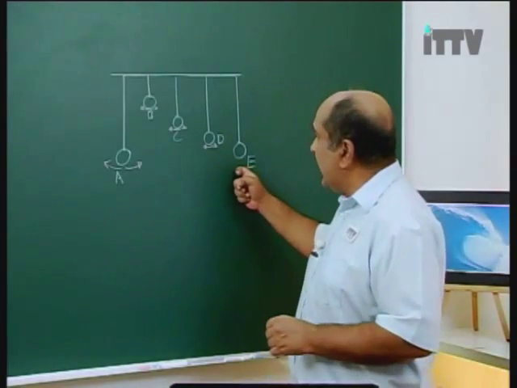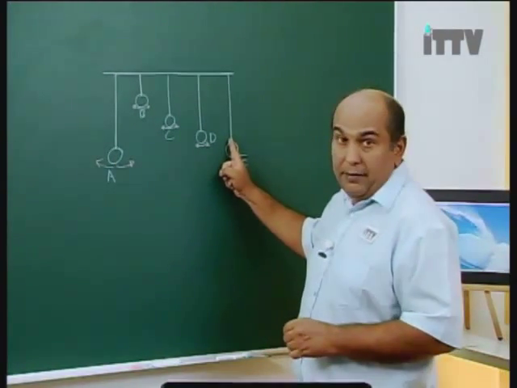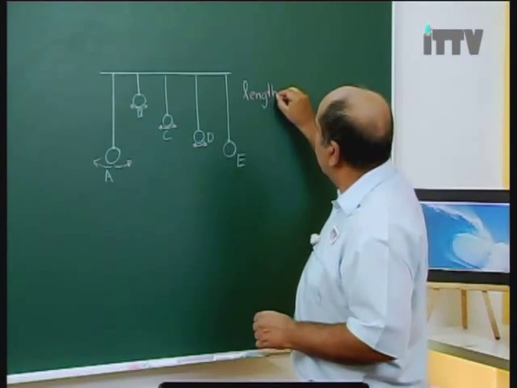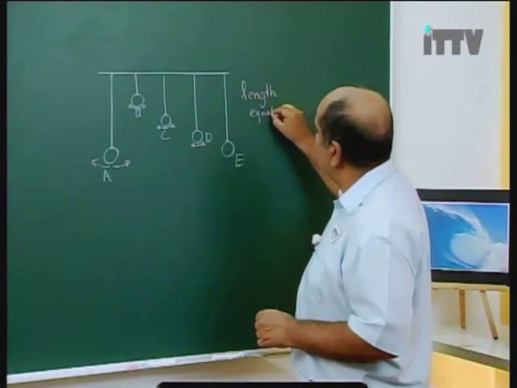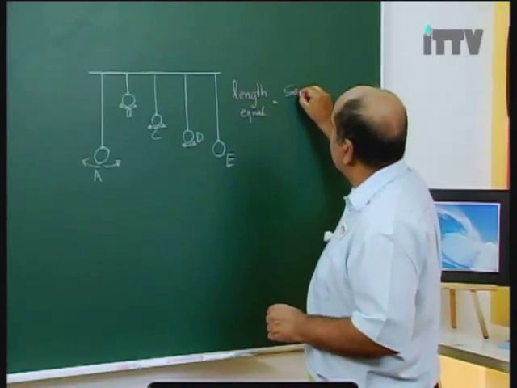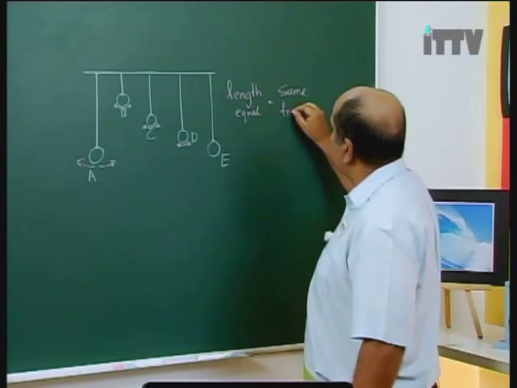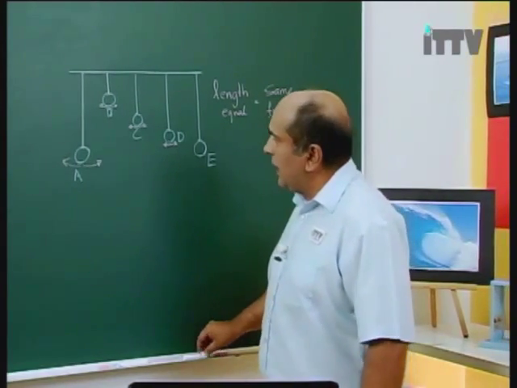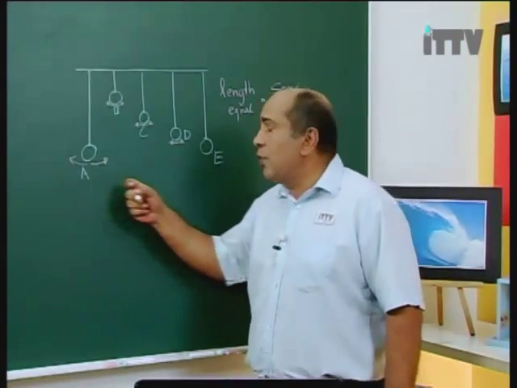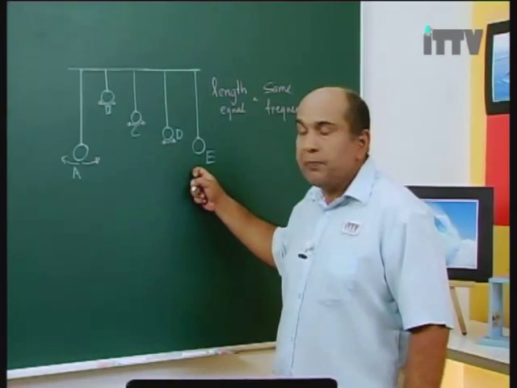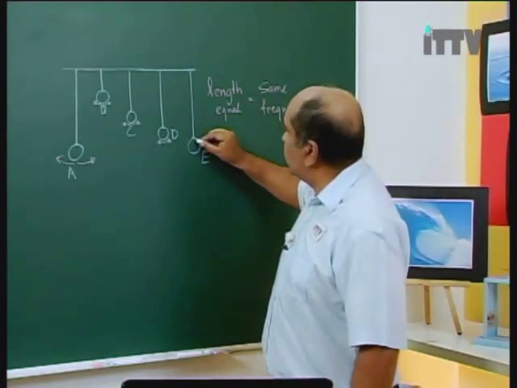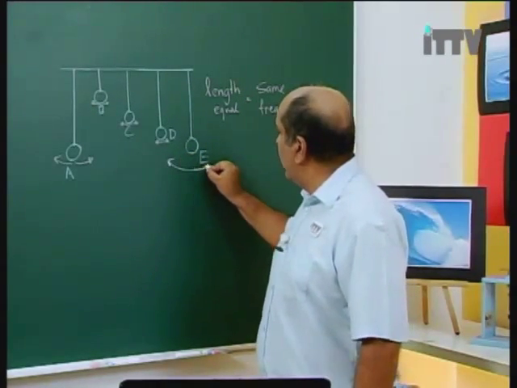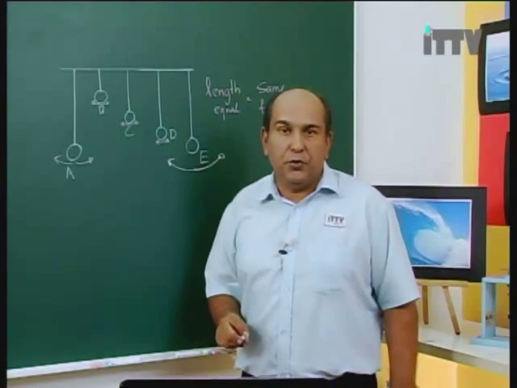But with E, because the lengths are equal, they have the same frequency, which means to say that the frequency of A is equal to the natural frequency of E. So when this vibration reaches E, E will not just vibrate, but it will vibrate with maximum amplitude.